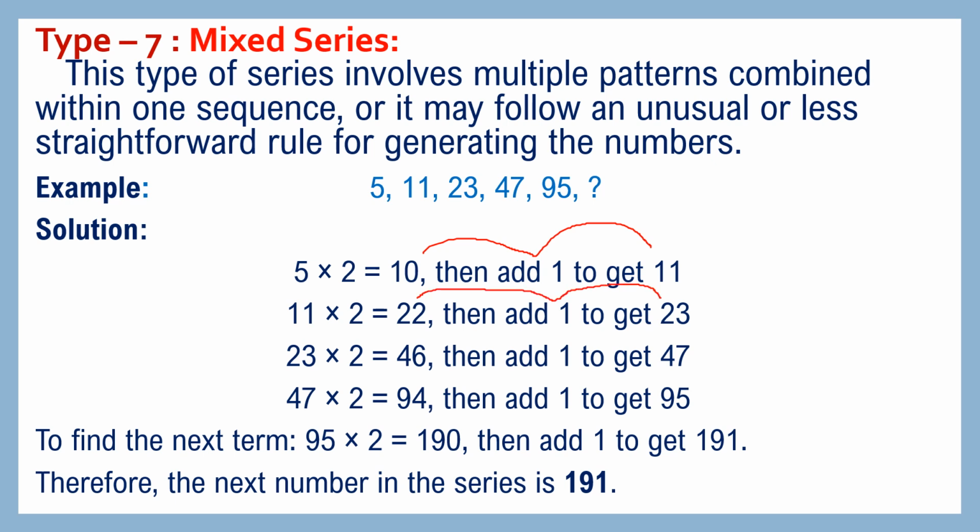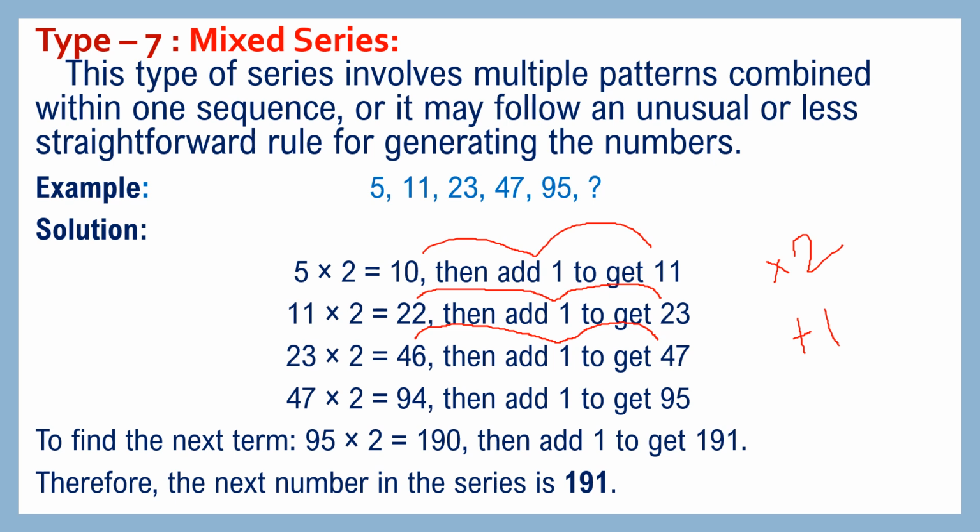Then 23 comma 47. In the same way, we multiply by 2, we get 46. Then add the number 1, we will get 47. So here what they are doing is, first they are doing a geometric series, that is multiplication by 2. Then again they are doing an arithmetic series also, that is adding the number 1.